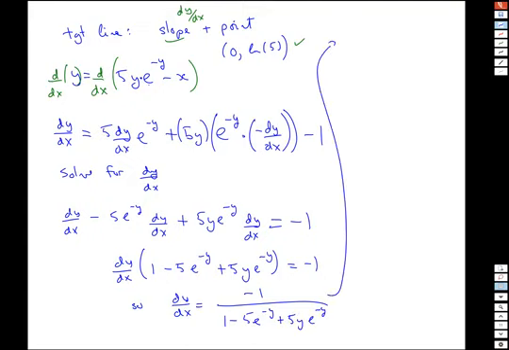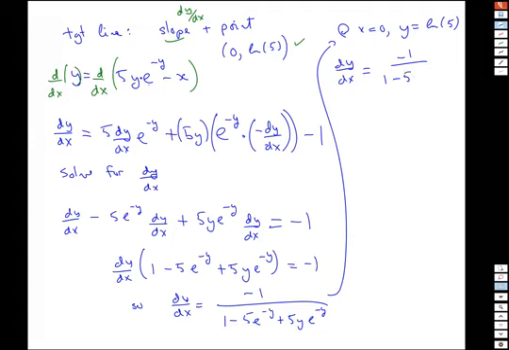Last but not least, we figure out at the point x equals 0, y equals ln of 5, and we're going to get dy dx equals -1 over 1 minus 5, little side calculation here, e to the minus ln of 5 is the same thing as 1 over e to the ln of 5. E and ln are inverses, so we just get 1/5.